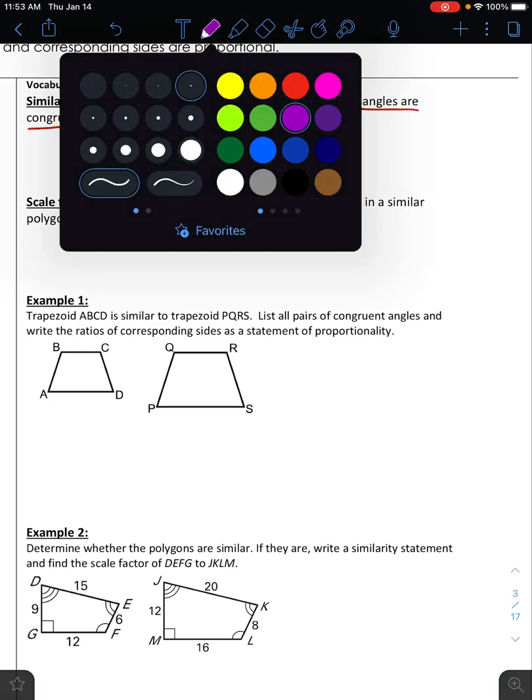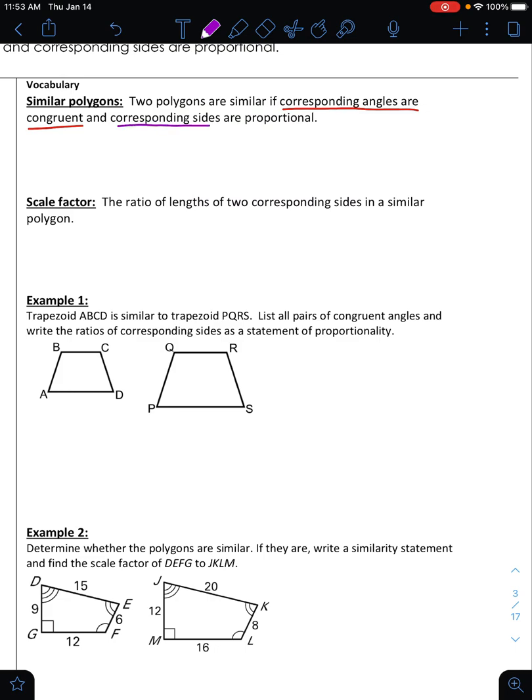Number 2 is that the corresponding sides are proportional. So, new term here. Notice it doesn't say that corresponding sides are congruent, because that would simply mean that the 2 figures were congruent. Similar has to do with one shape being larger than the other, but proportionally.